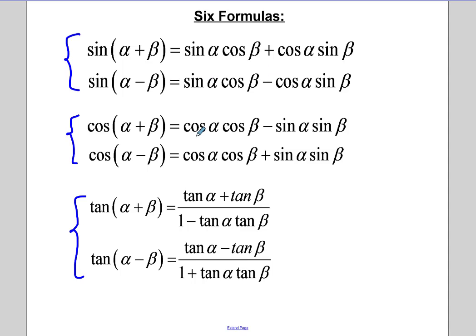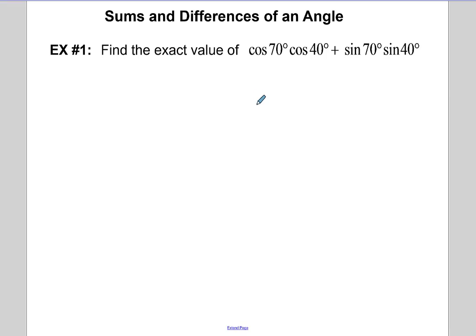So if it's sine, it's sine, cosine, cosine, sine. And if we have cosine, it's cosine, cosine, sine, sine. Sine keeps the argument in expansion, and cosine changes the argument to subtraction from addition, or addition from subtraction. So just some key things to look for.